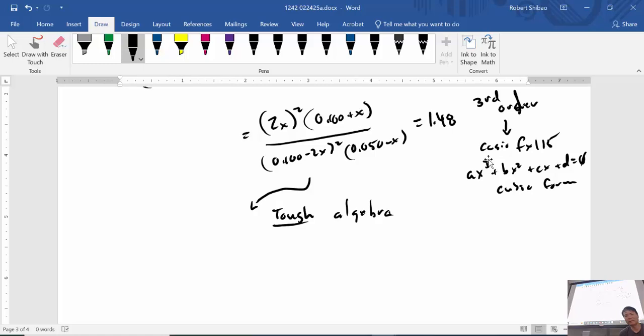I'm not a math person. So what we do is we're going to try the method of successive approximations.